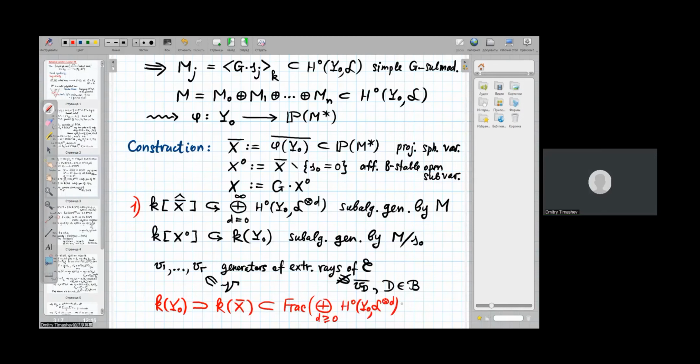And this fraction field is a pure transcendental extension of this field by adding the section S naught.